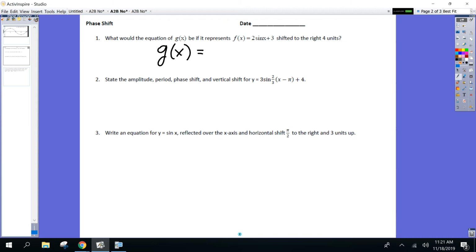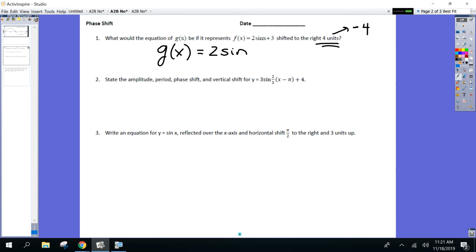Nope. So it's going to say 2 sine. Now right 4, I should have a minus 4 somewhere in this equation. Where do you think it should go? Before I reveal it, where do you think? Thoughts? Even if you're wrong, who cares?